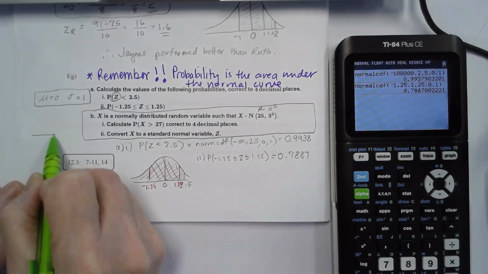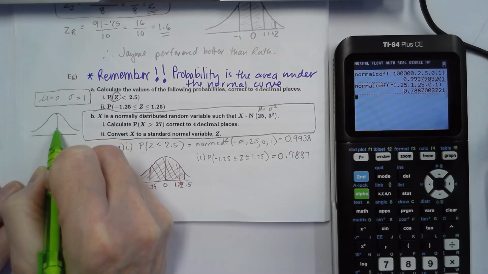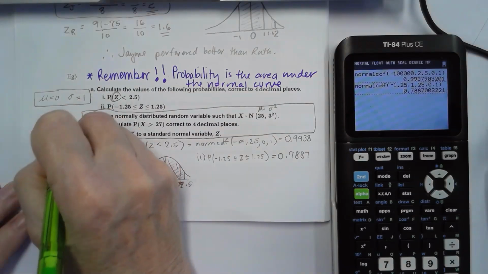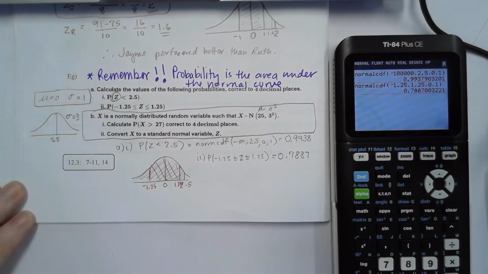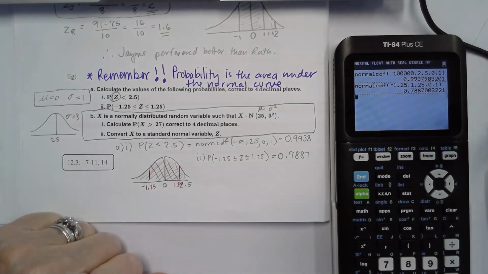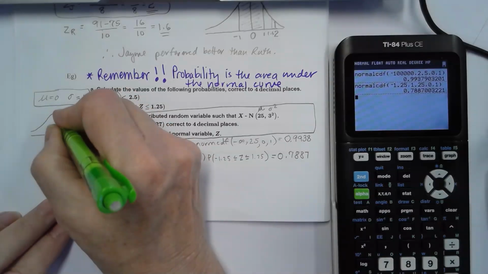So I'm just going to go here. I've got this as 25 because it told me, and I've got this as 3. So that's the picture for this one, and it says, I want x greater than 27. Well, 27 is right here.